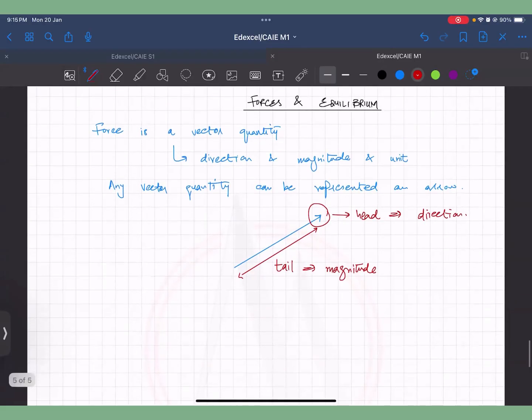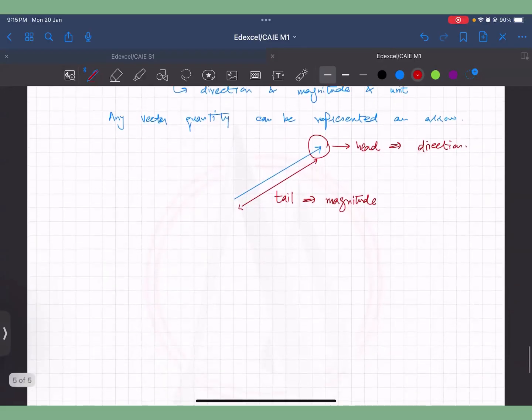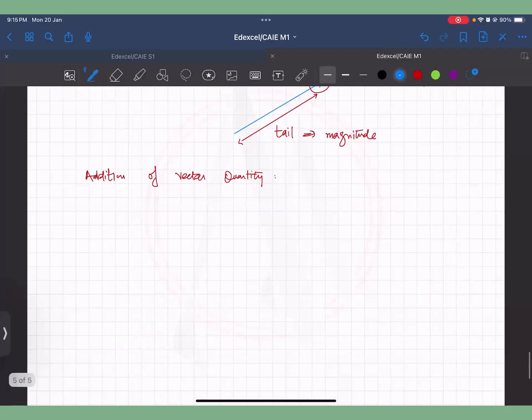Then we have done vector addition in our IGCSEs, the addition of vector quantities. The method that we used to apply is the head to tail rule or the parallelogram method. Both of them are very similar.